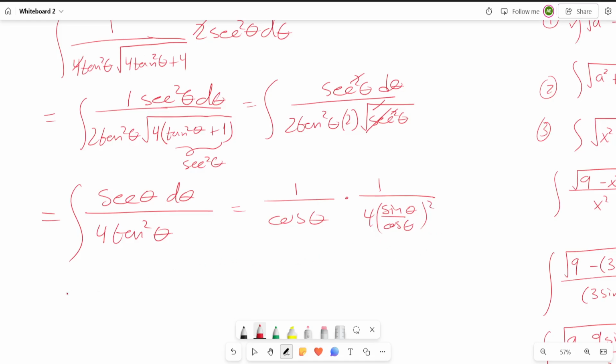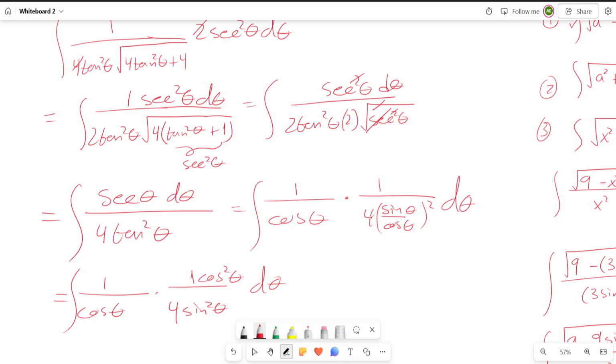So this is equal to 1 over cosine theta times 1 over 4 sine squared theta, and this cosine squared theta is going to go on top, cosine squared theta, like this, d theta. This is all integration with respect to d theta.